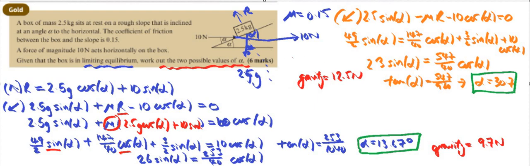But again, if the gravity is smaller and therefore the resultant force is going up with the 10 newtons pushing us up, then our friction works in the opposite direction and offsets that. And both of these answers, 13.7 and 30.7, both balance our forces and leave us in limiting equilibrium. I hope that's made it a little bit clearer.